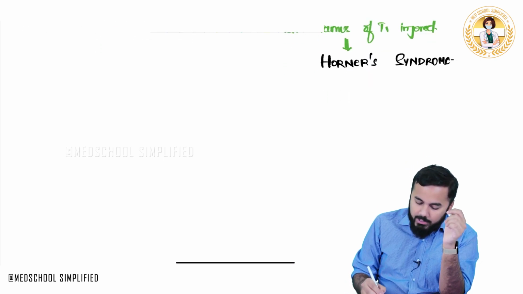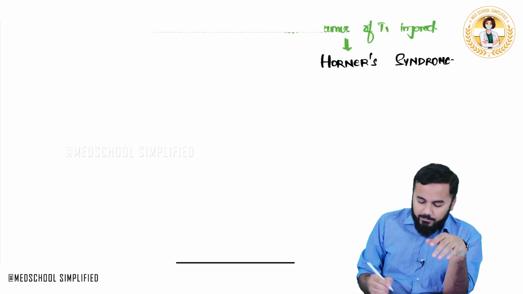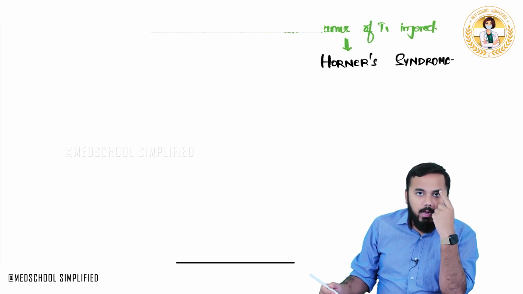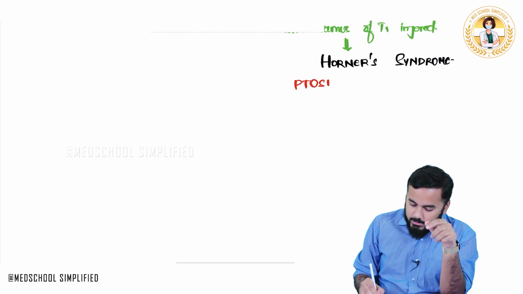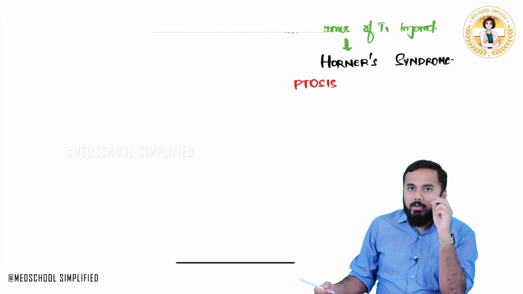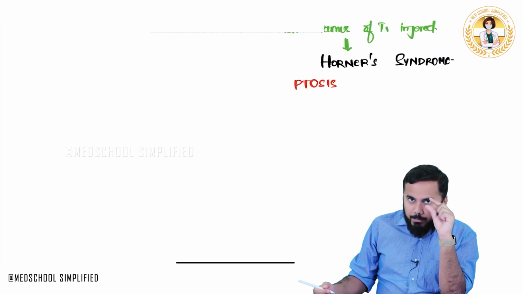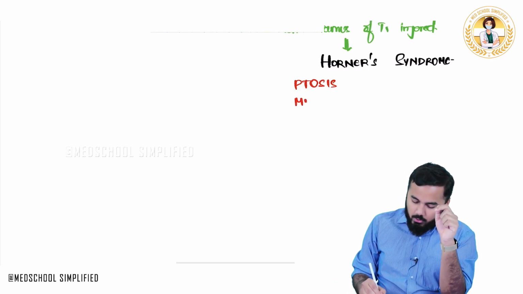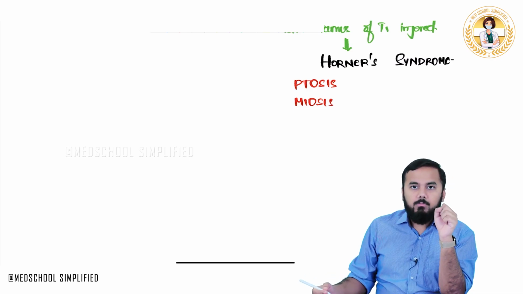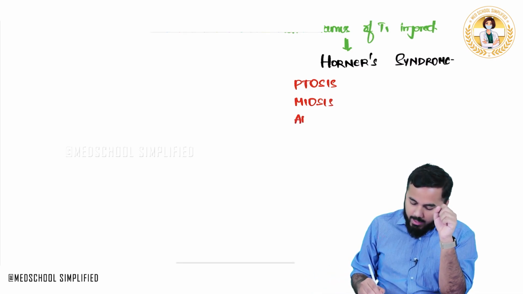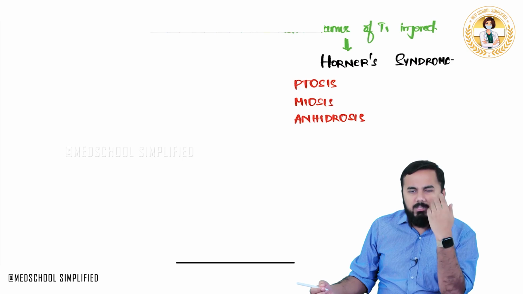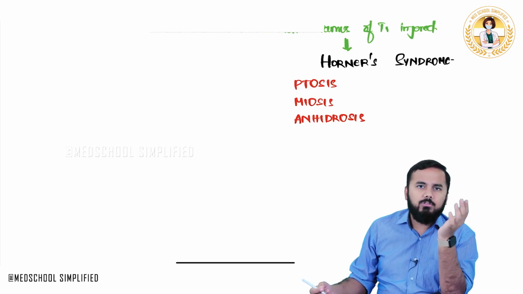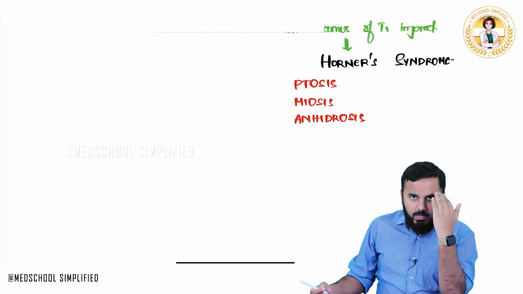Whenever you look at a patient of Horner syndrome, guys, these are the features you would find. One is drooping of the eyelid, which is called ptosis. Next, the pupil constricts, which is called miosis. And next, the patient will have anhidrosis, which means loss of sweating, only on one side, unilateral anhidrosis.